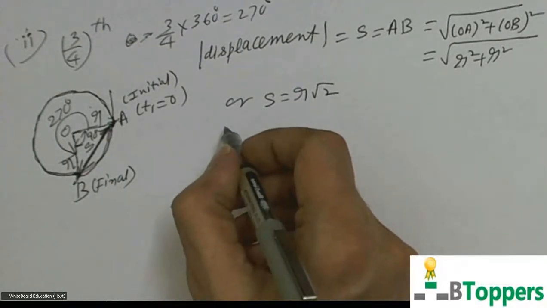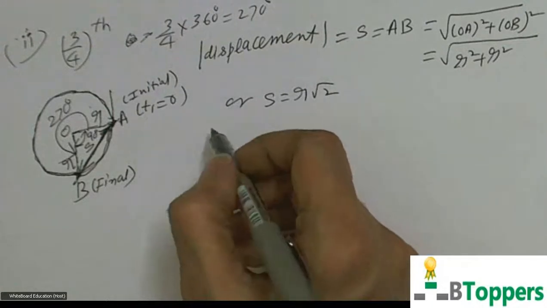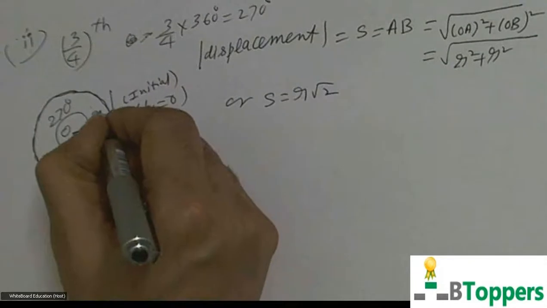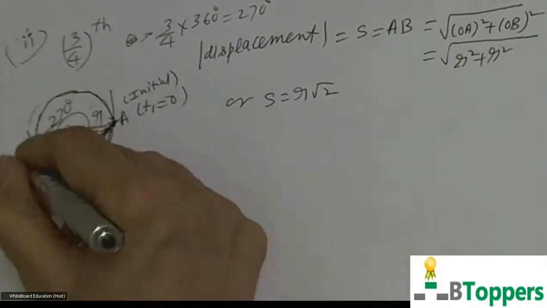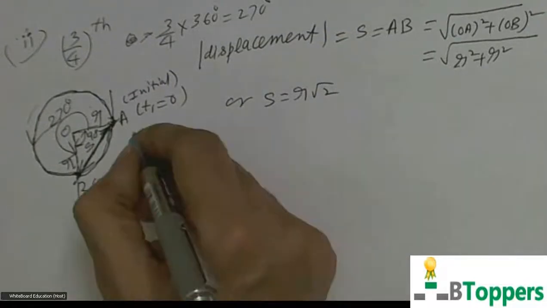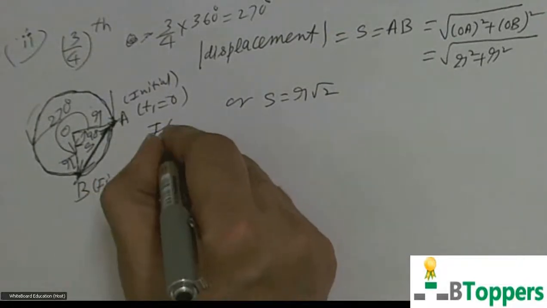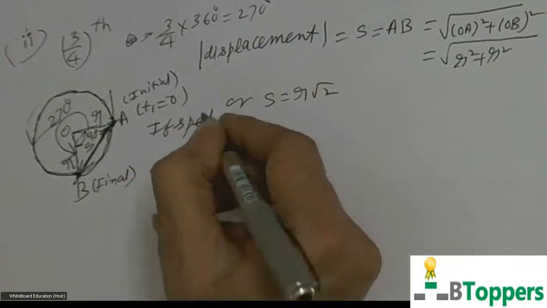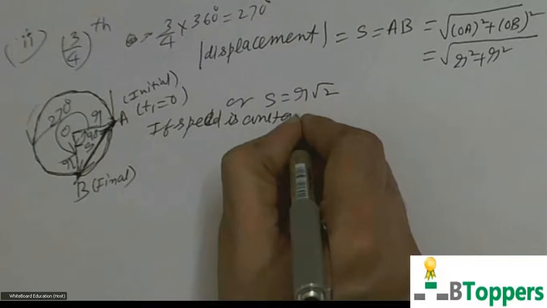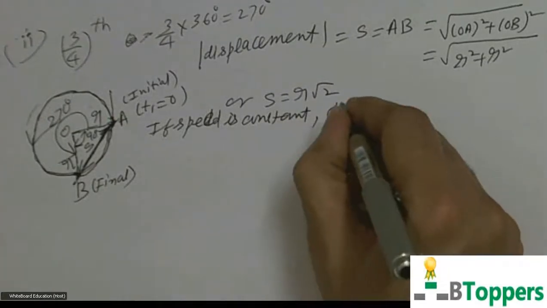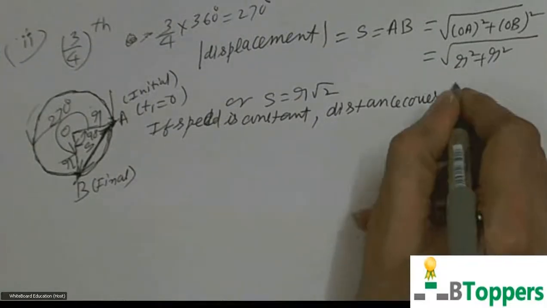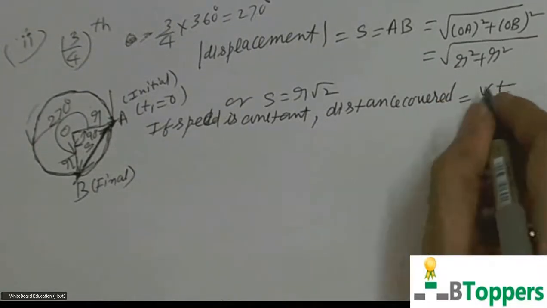To find the magnitude of average velocity, you have to find the time interval in moving from A to B. It moves from A to B in the anti-clockwise direction. When the particle moves with constant speed, the distance covered can be written as speed of the particle into time interval.